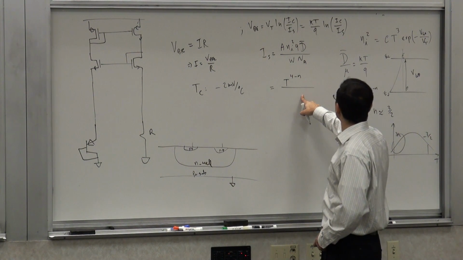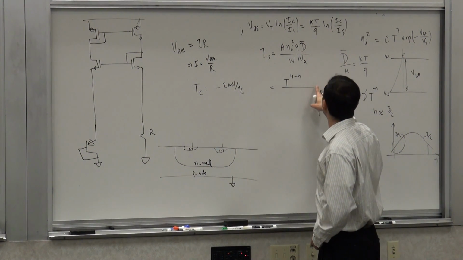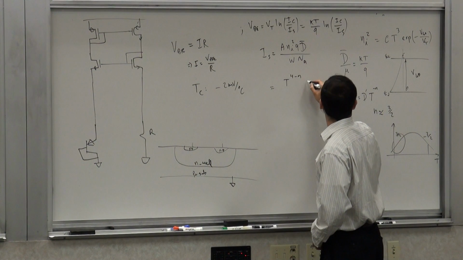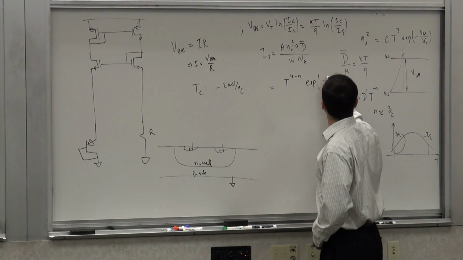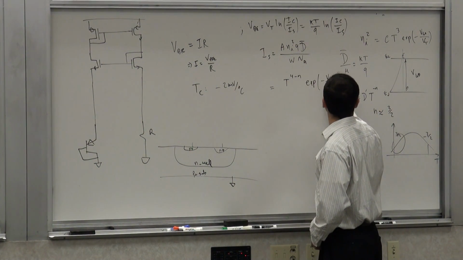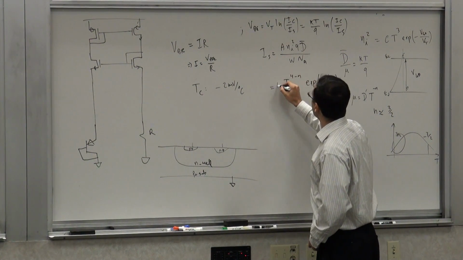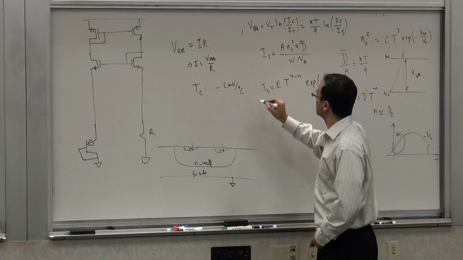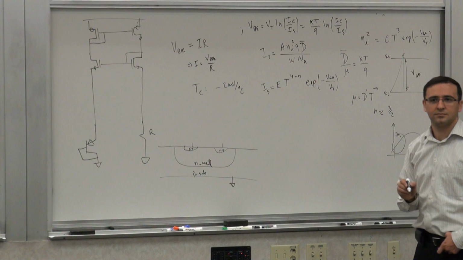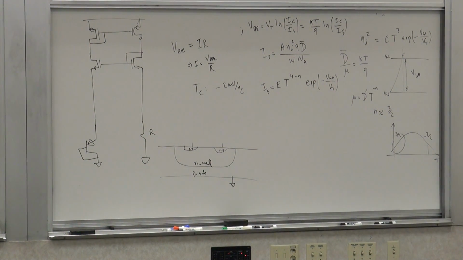And then what do you get? W and Na are independent of temperature, and then you get the exponential, times some constant E. This is Is, as far as the temperature dependent elements are concerned. So I've taken all the temperature independent things out and lumped them into this constant E.